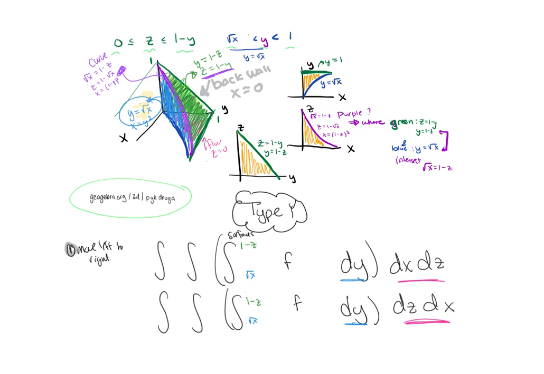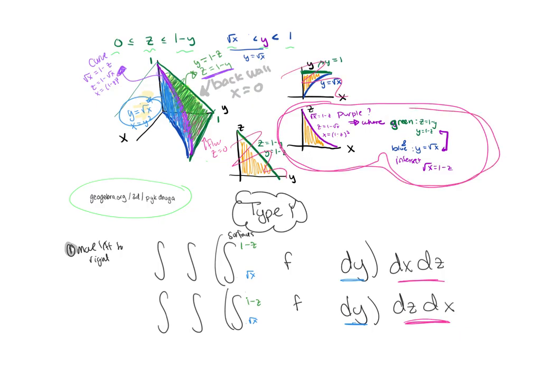So I'm looking at my xz picture. That's the kind of complicated picture we talked about. I don't care about those other two pictures for this one. For my xz picture, if I do x first, moving in the direction of that x-axis, left to right, I start at 0, and I end at that curve, which we found out was 1 minus z quantity squared. And then z is just points, so that's 0 to 1.